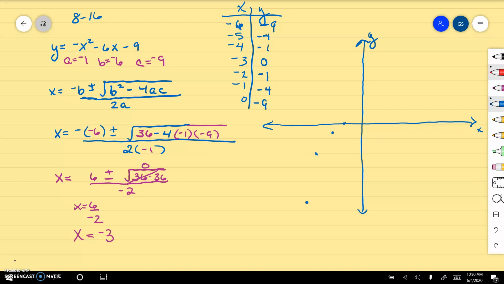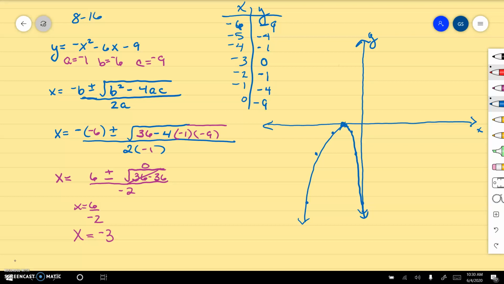Negative 2, negative 1. Negative 1, negative 4. I'm not doing the best job here estimating. And 0, negative 9. All right, that's not too bad. We make our parabola or curve. Okay, it looks like that. It's a little wobbly, but it's okay.